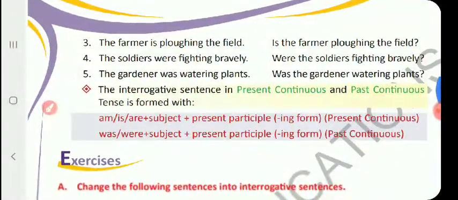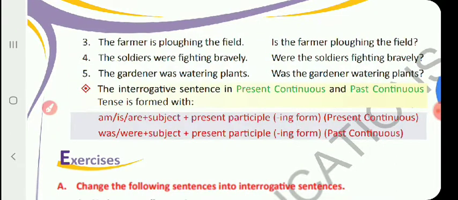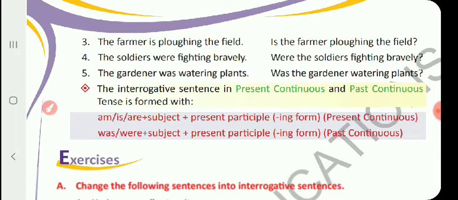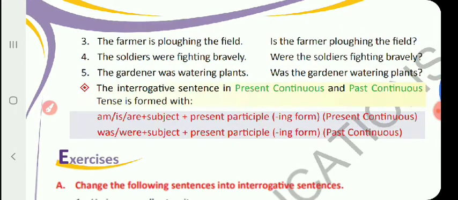In past continuous tense, if the subject is singular, then take the singular helping verb was. First you write was plus subject plus present participle, that is the ing form of the verb. Here we can see the example. The gardener was watering plants. How will you change it? Was the gardener watering plants?